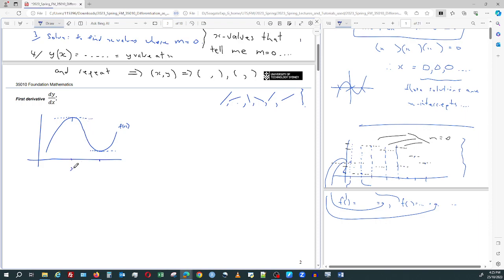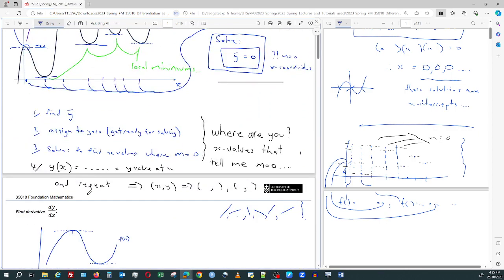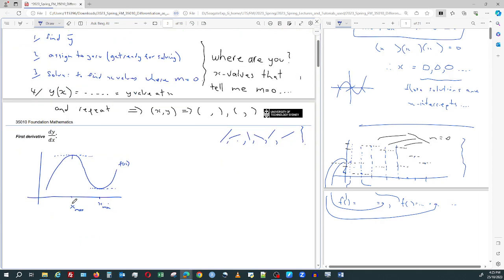So that x represents a maximum, we think. We haven't really bothered too much with that, but we'll do some more on that. So this x represents a local minimum. I've kind of expressed that in the previous slide where we talked about local max and local min. But I want to know what happens on the way towards this particular graph.